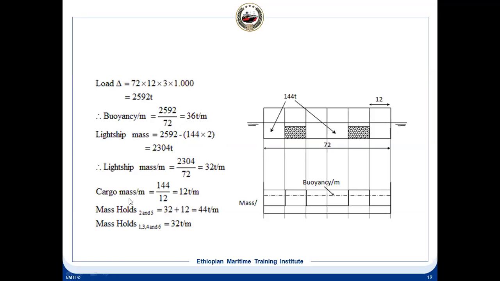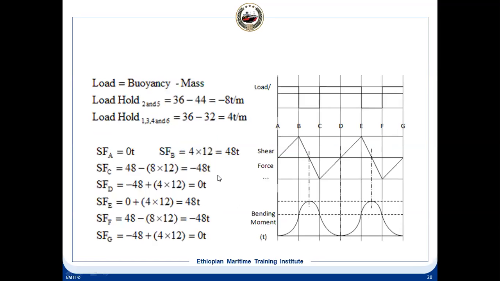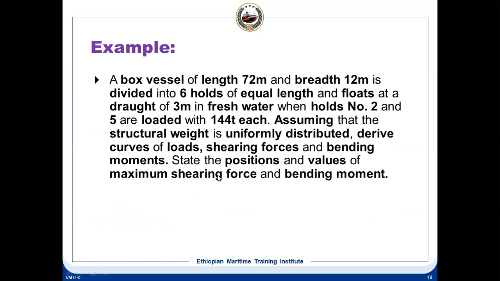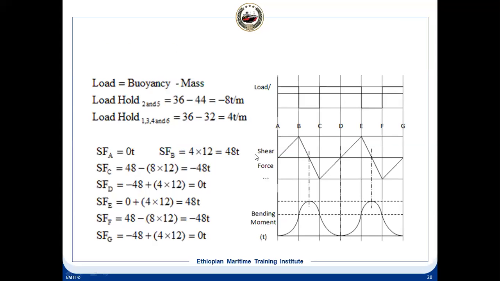And then cargo mass, which is added into 2 compartments, 2 and 5, out of a total of 1, 2, 3, 4, 5, 6. So in this case, what will happen? This 144 tons is added into compartment 215.